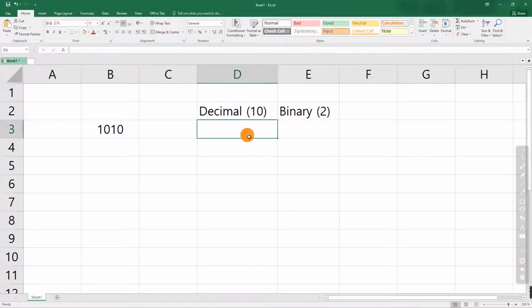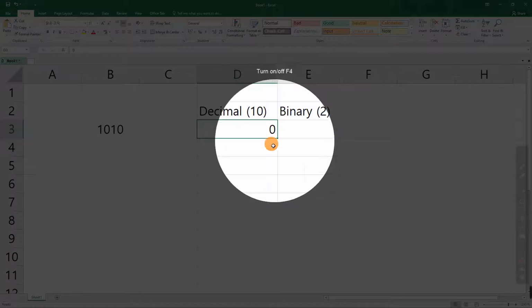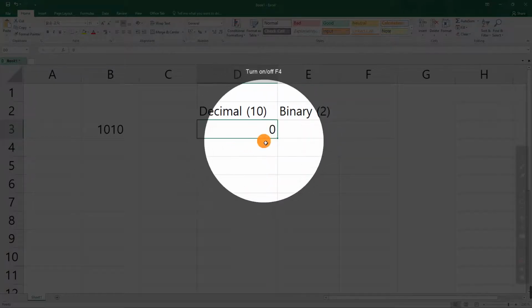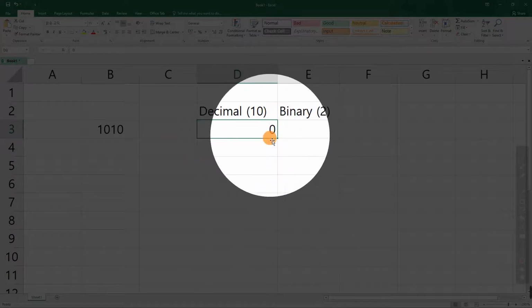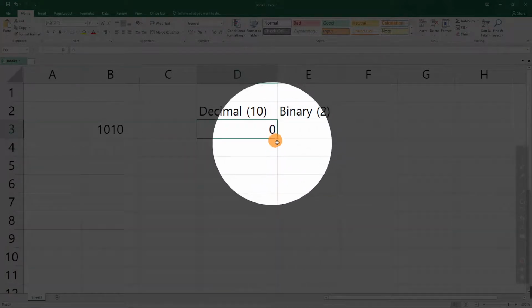So I'll use numbers from 0 to 10. I'm using Control and pressing the mouse button here. So again, if you want to increase the number by 1, you will select the first cell, then just bring your mouse here until you see a cross.